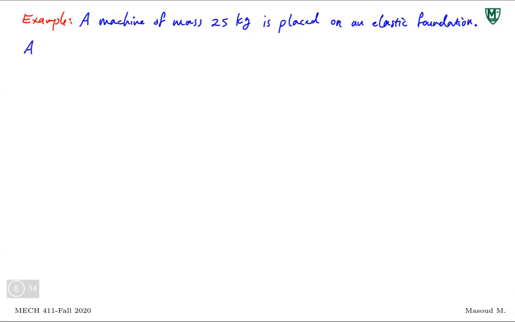A cosine force, let's put it this way, a cosine force with the magnitude of 25 newtons.